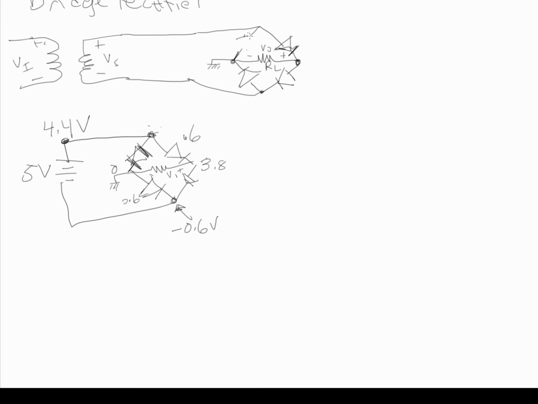This diode should look like this, pointing inward, and this one should be pointing outward. I did a bad job here, because when I went to analyze it, all of a sudden it didn't make sense. So let me erase this, and that diode's correct.